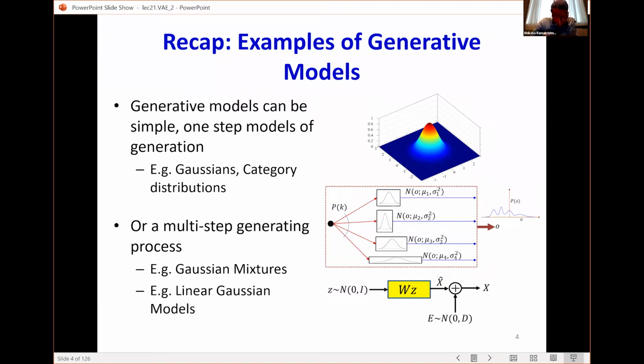But you could also have multi-step generating processes, like in the case of the Gaussian mixture, where in the first step, you chose a Gaussian, and then in the second step, you drew an observation from the Gaussian, or linear Gaussian models, which we haven't seen yet, but we will shortly.